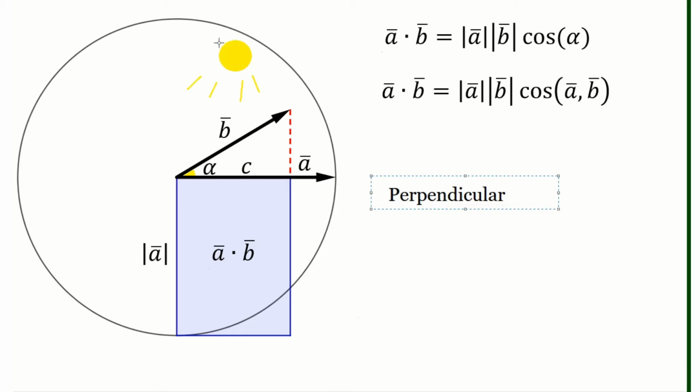meaning that if there would be sun there, the shadow it would cast of vector B on vector A would be 0, since it comes directly above. I made a little animation for you guys. Here we have it.